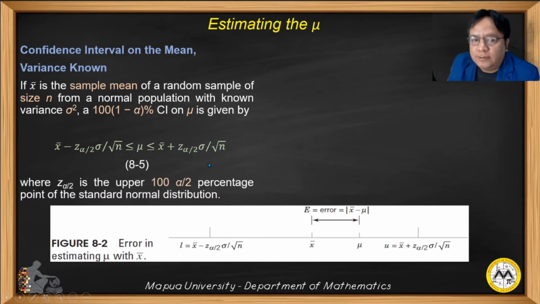Now, this z of alpha over 2 is the upper 100 times alpha over 2 percentage points of the standard normal distribution.